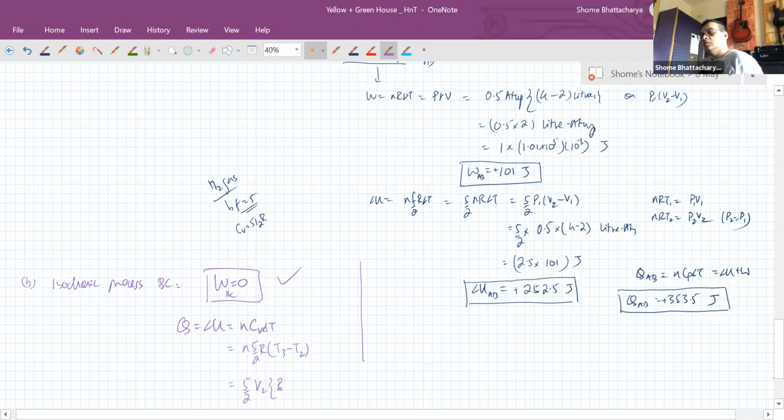So now to make this convenient, we can also write this as 5 by 2 into this thing, T3 minus T2, because nRT3 and nRT2. V3 is equal to V2.